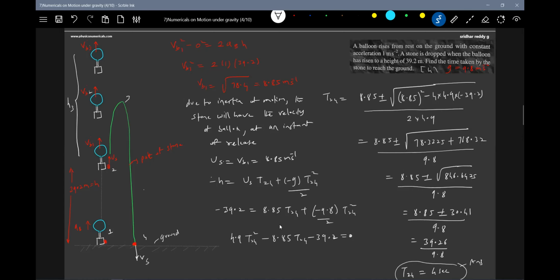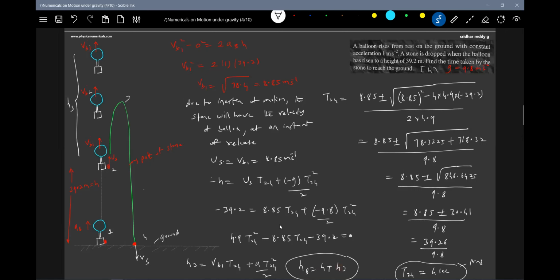For that, to what height will it ascend in this interval of time? So H3 should be equal to VB1 T24 plus half a T24 whole square. Then the height of the balloon will be H plus H3.